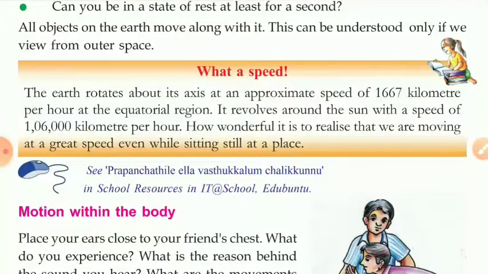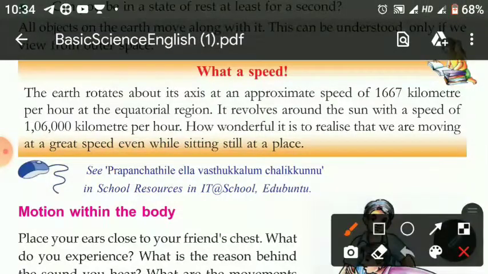Earth rotates about its own axis. Approximate speed is 1667 kilometers per hour at the equatorial region. It revolves around the sun with a speed of 106,000 kilometers per hour.